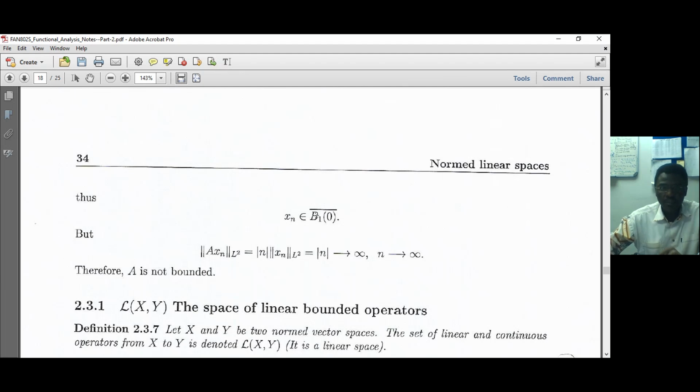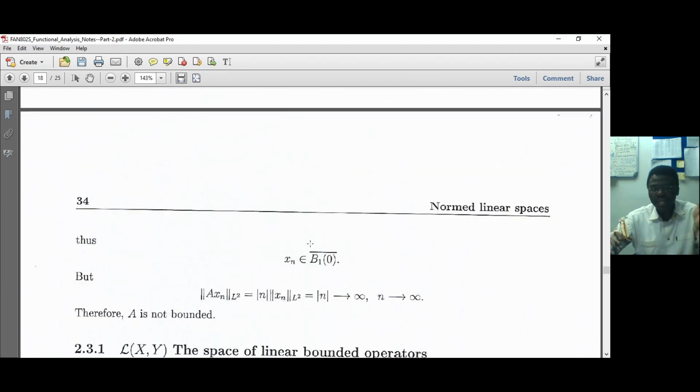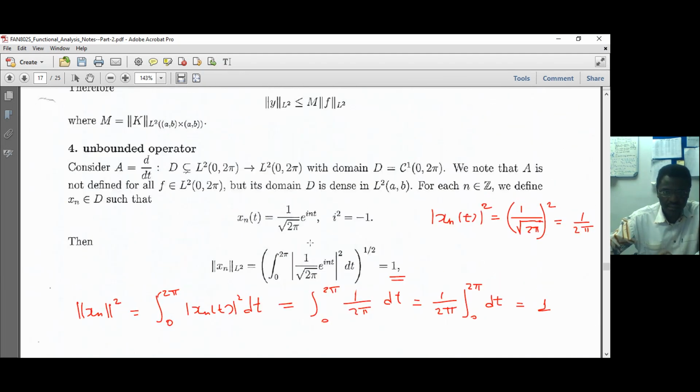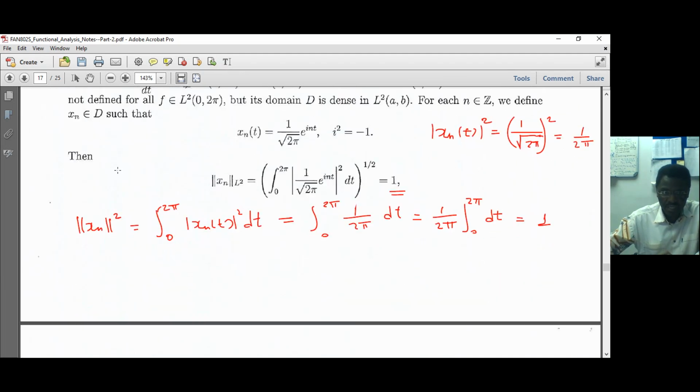Okay, but if we compute A xn, what is A xn? This is our A. Now, if we apply A to xn, it means that we differentiate that once with respect to t.